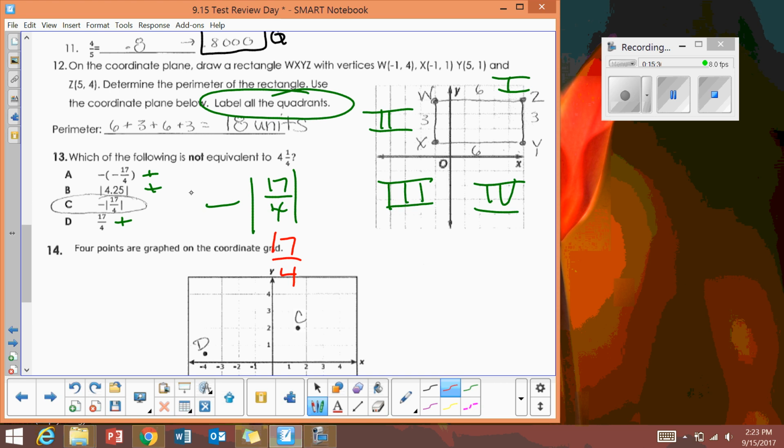And I want to know what's the opposite of that. So that would be negative 17/4. So this answer right here is negative. So I really don't even have to convert any of these. If we have a positive, a negative, and a positive, which one is not equivalent to 4 and 1/4? It's going to be the negative number. So that would be C.